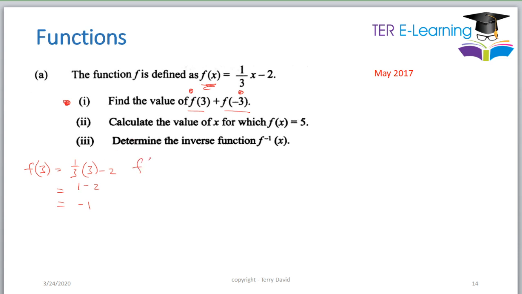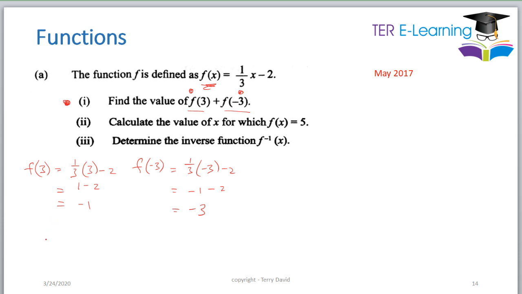Then we need to work out f of -3, which is equal to 1/3 multiplied by -3 minus 2, which is equal to -1 minus 2, which is equal to -3.